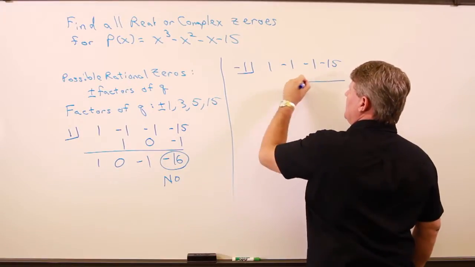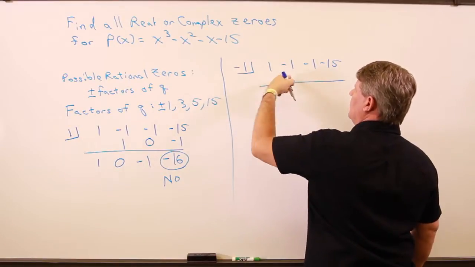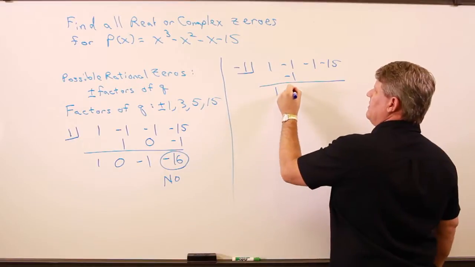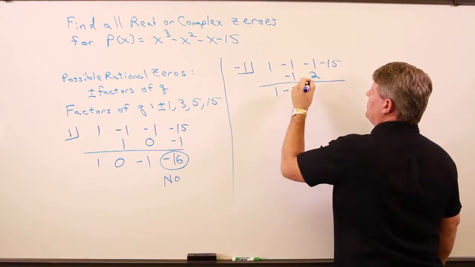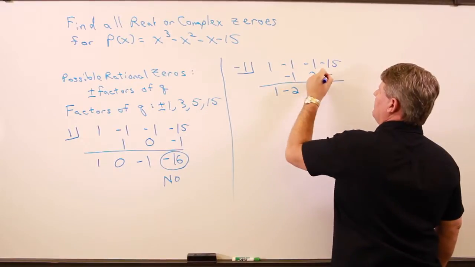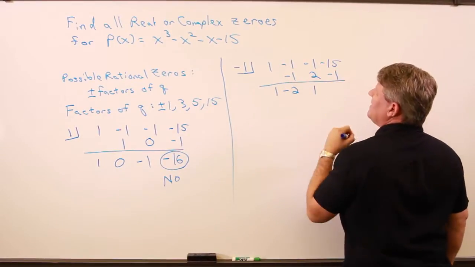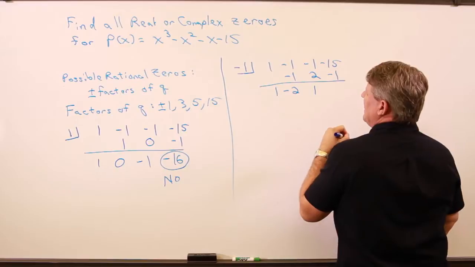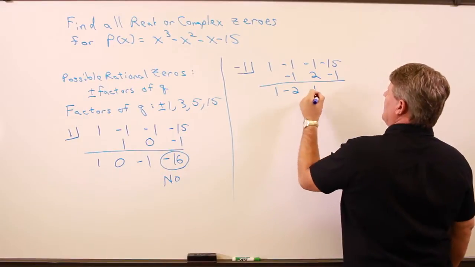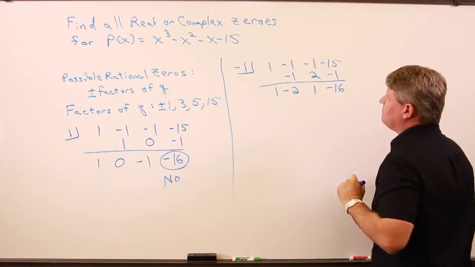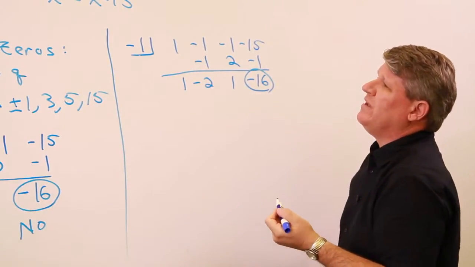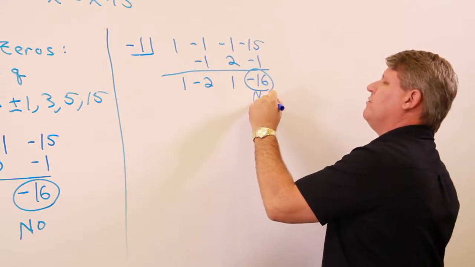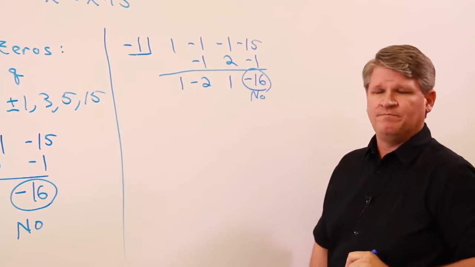I get 1. 1 times negative 1 is negative 1, which gives me negative 2. Negative 2 times negative 1 is positive 2. Positive 1 times negative 1 is negative 1. And again, I am getting a negative 16. So once again, the answer is no, this will not be a 0 for my polynomial.